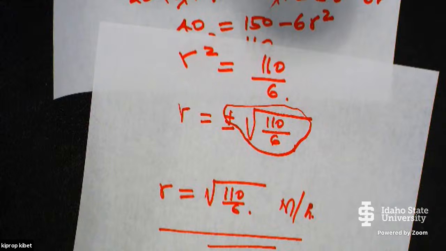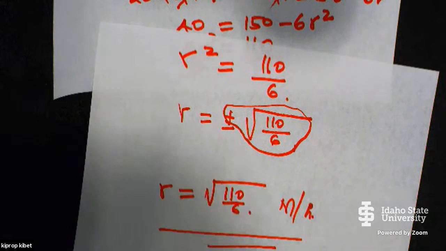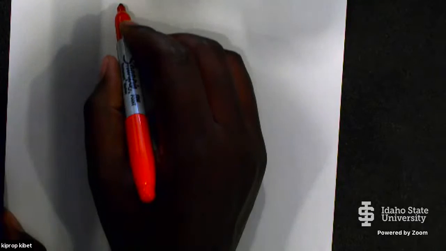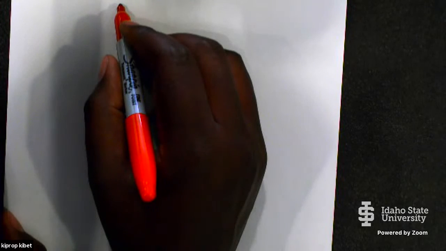Okay, so we can do question number 2 in section 9.5b. It says the product of two consecutive even integers is 624.